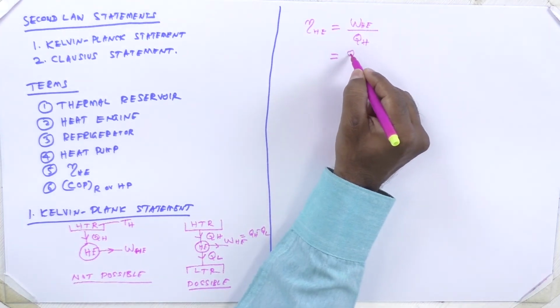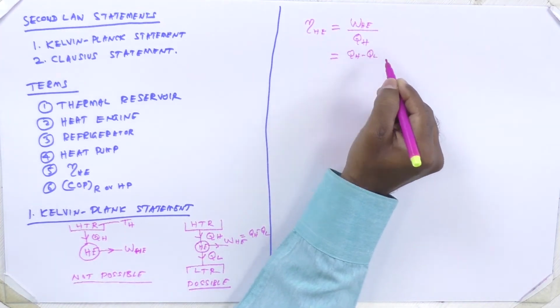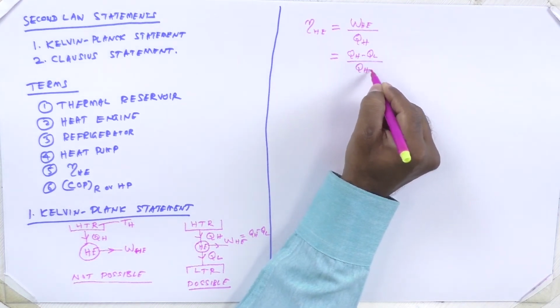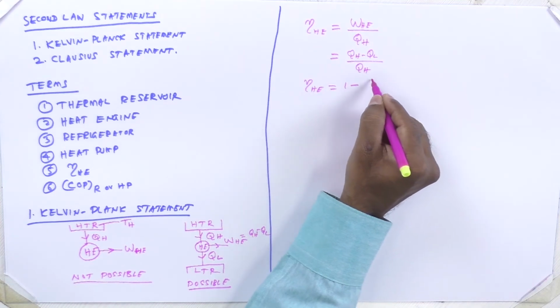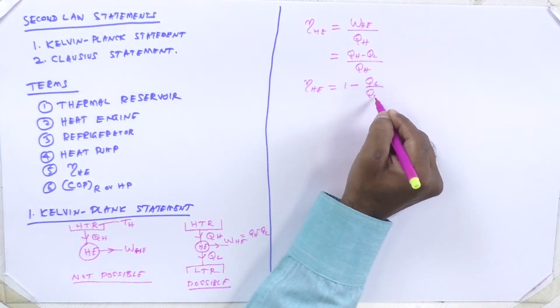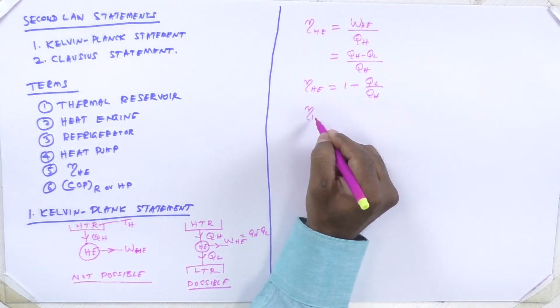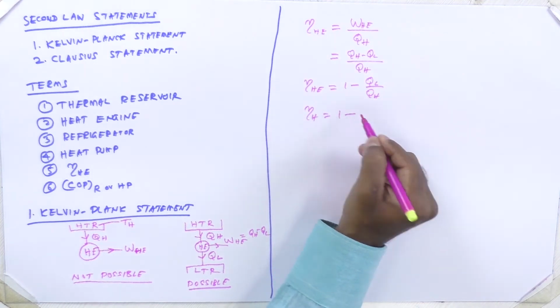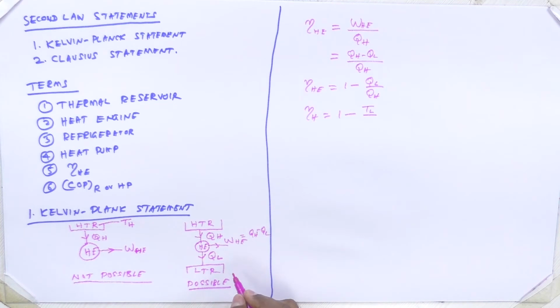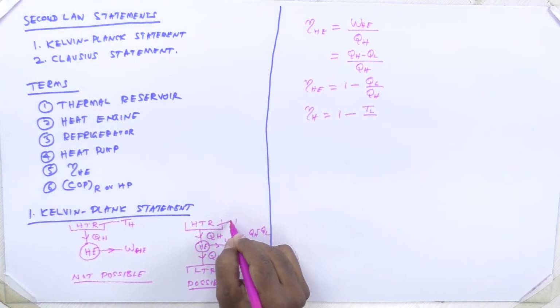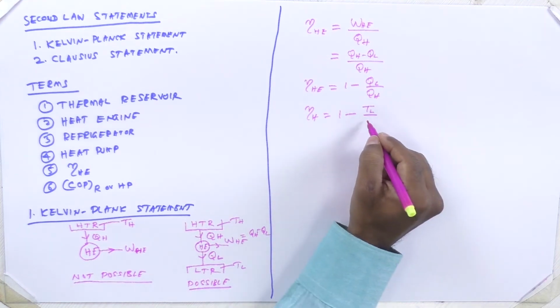So we can write QH minus QL divided by QH. So efficiency of the heat engine is given by 1 minus QL by QH. Otherwise, here heat and temperature are mutually convertible, so we can write 1 minus TL by TH, where TL is the temperature of the low temperature reservoir and TH is the temperature of the high temperature reservoir.